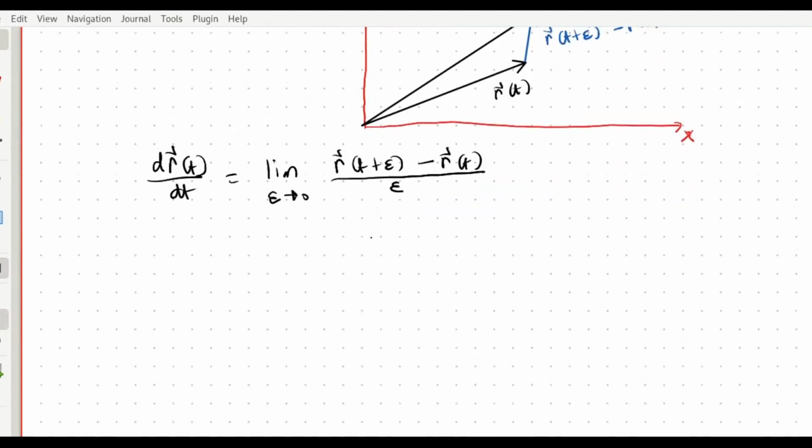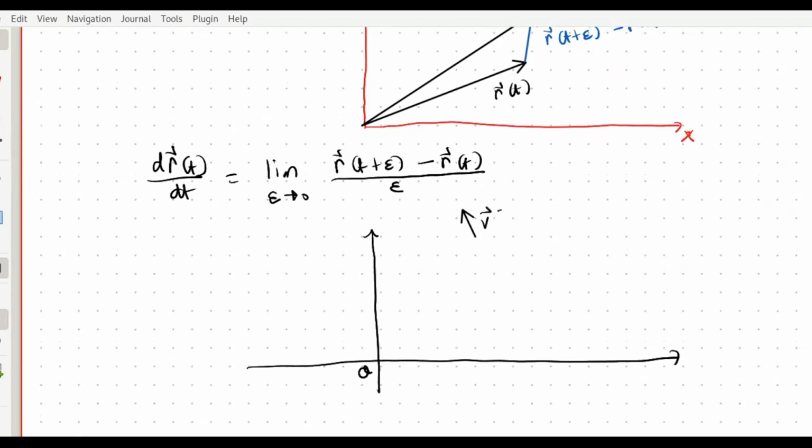Let's say this is the xy axes again, and we have a preferred center, let's say the origin. Then we have, let's say, a velocity and acceleration. Let's say the velocity at this point is v at time t.